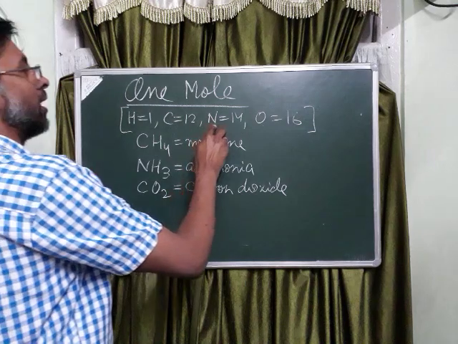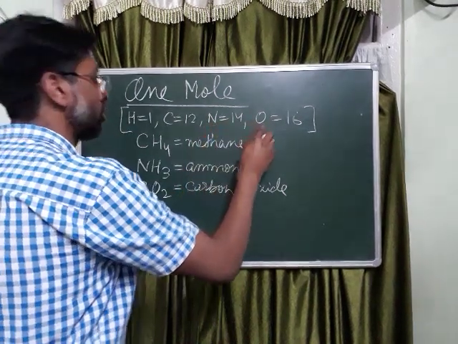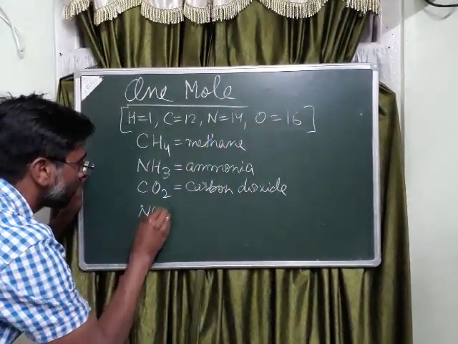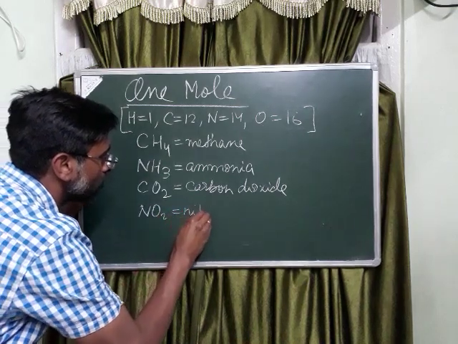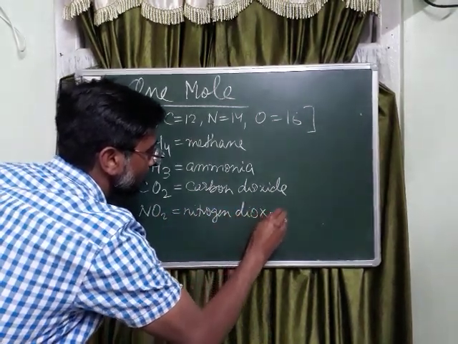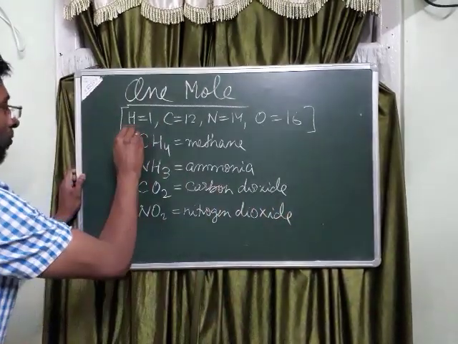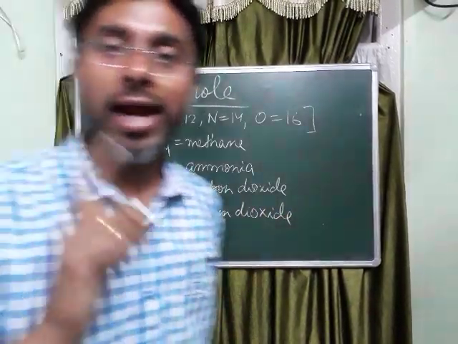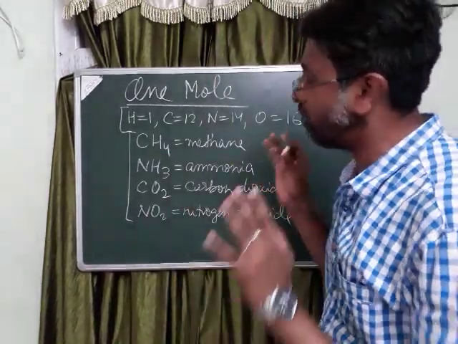I can combine nitrogen and oxygen to prepare nitrogen dioxide also. Now, using these 4 examples, I will try to explain the meaning of mole and the meaning of mole concept.